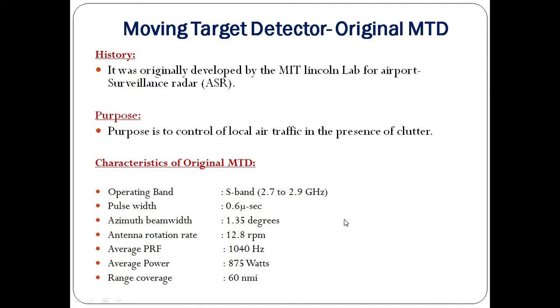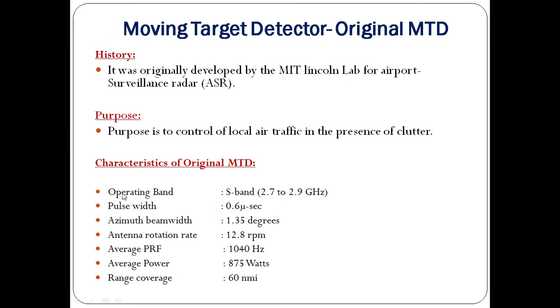It was originally developed by the MIT Lincoln Laboratory for airport surveillance radar in the US. This lab is situated in the US, and the purpose of developing this original MTD is to control the local air traffic in the presence of clutter.